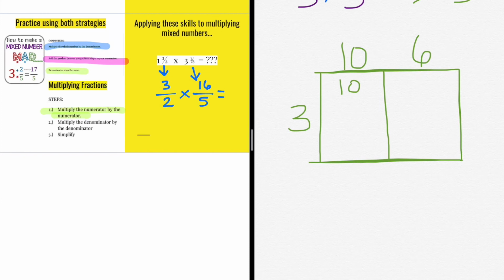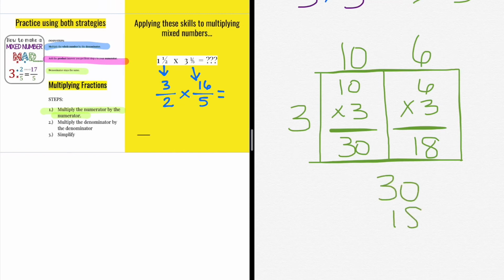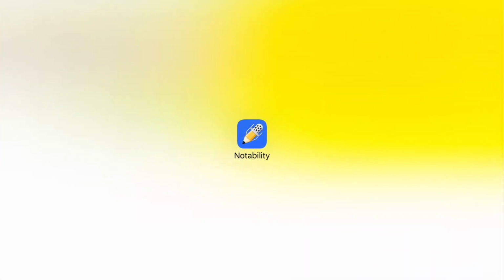And now I can multiply. 10 times 3 equals 30. 6 times 3 equals 18. And now I can add those together. 8, 4. So my new numerator is 48.